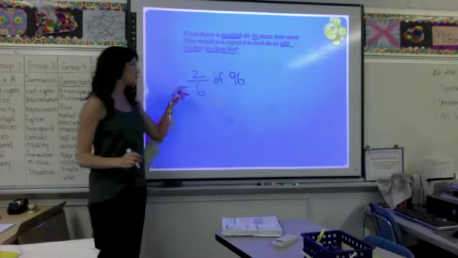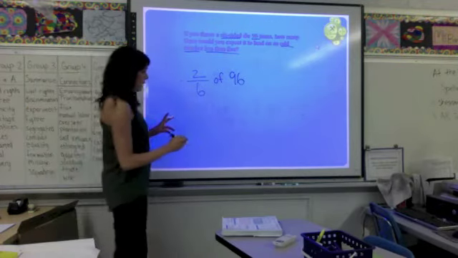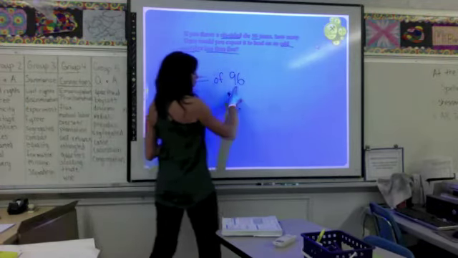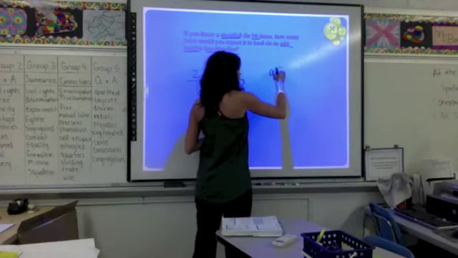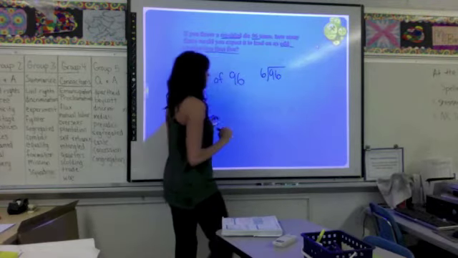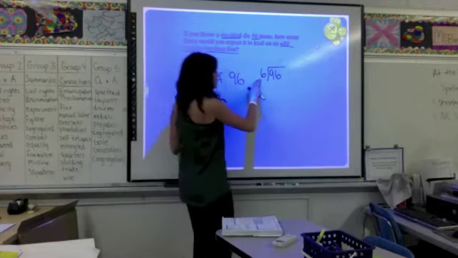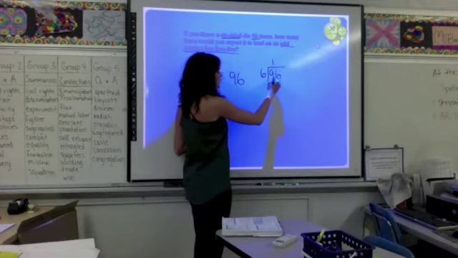And we learned in class that to solve these fraction of problems, there are 2 steps. The first step is to take your whole and divide it by the denominator. So we're going to take 96 divided by 6. 6 will go into 9 one time. 6 times 1 is 6.